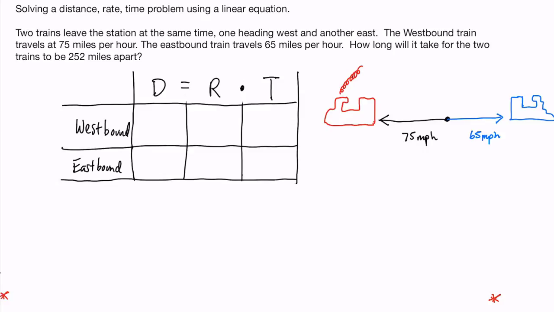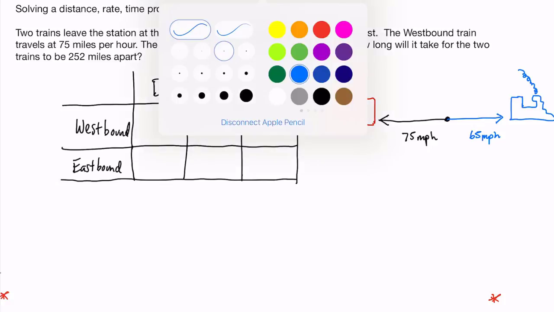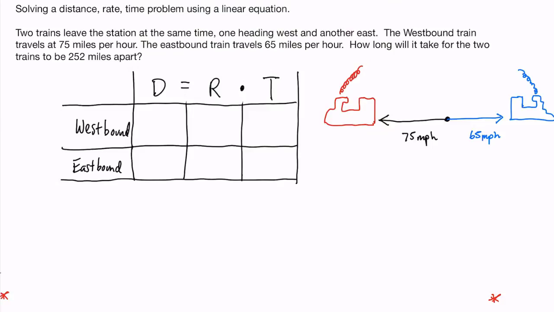This looks like a broken iron, but just pretend it's a train, and the smoke going this way. Now we want to know, how long will it take for this distance to be 252 miles.